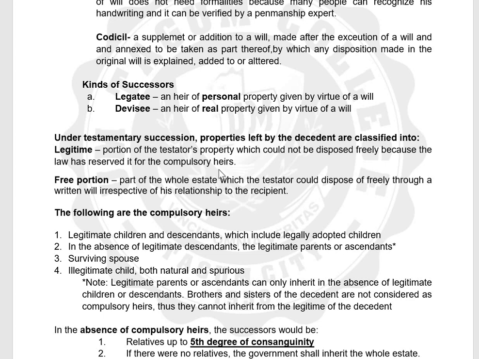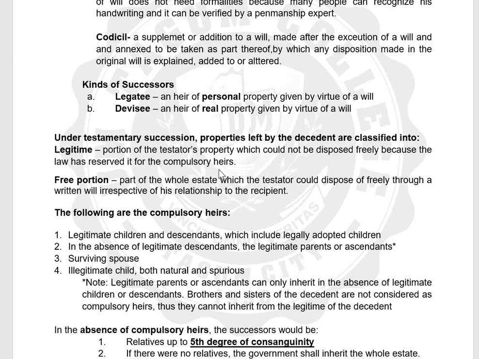Okay? So, sino man yung compulsory heirs? Okay? So, the compulsory heirs are the legitimate children and descendants, which include legally adopted children. Okay? So, in the absence of legitimate descendants, the legitimate parents or ascendants, the surviving spouse, and then the illegitimate child, both natural and spurious.